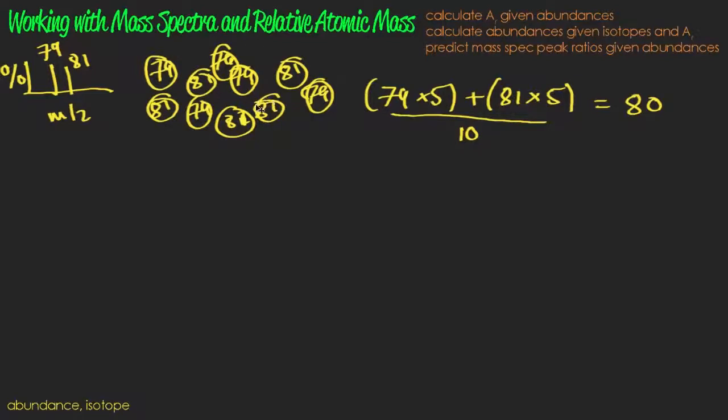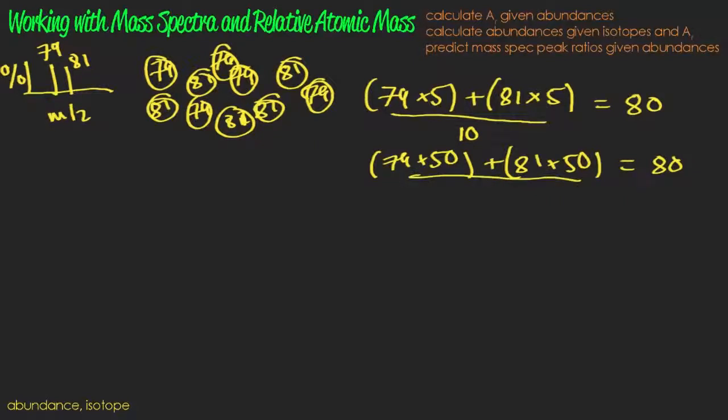Now, of course, in reality we're not going to be sending down 10 particles, and what we're looking at is a percentage. So we can do the same sort of thing with the percentages. So we go for 79 times 50% plus 81 times 50%, and that's equal to, again, 80 when we divide by the total.